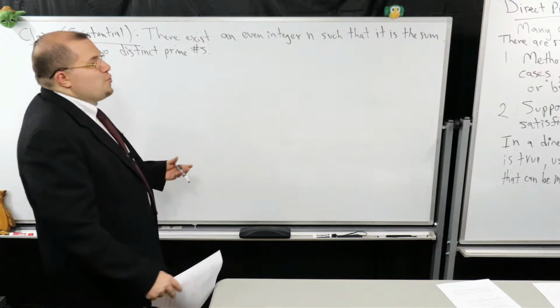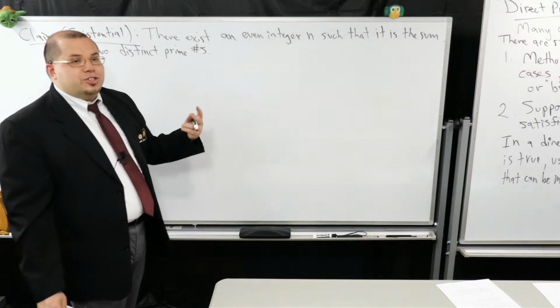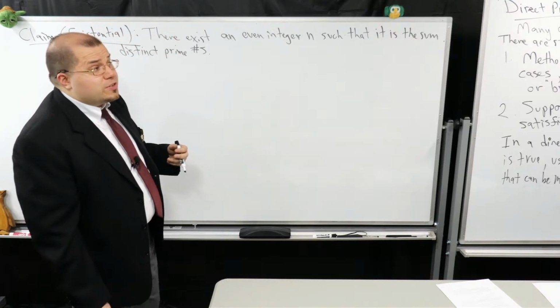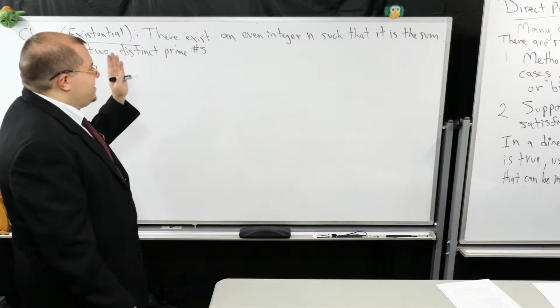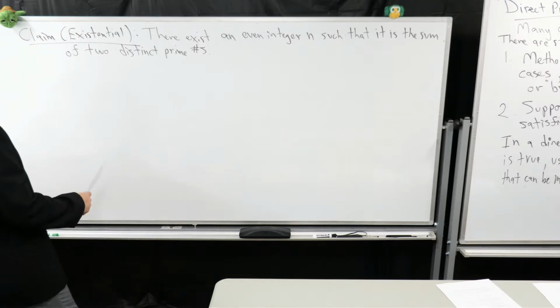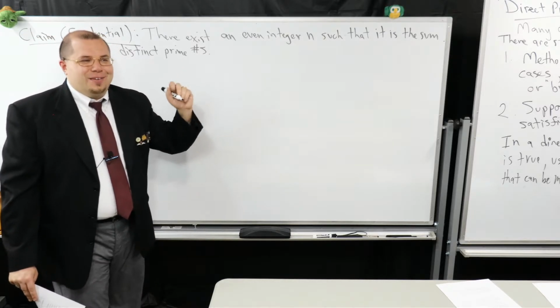So something like 2, for example, is a prime number because its divisors are 1 and 2. 3 is another prime number. 5 is a prime number as well. Is 4 a prime number? No, because its divisors are 1, 2, and 4. Okay? Is 1 a prime number? No. It only has 1 divisor, 1.